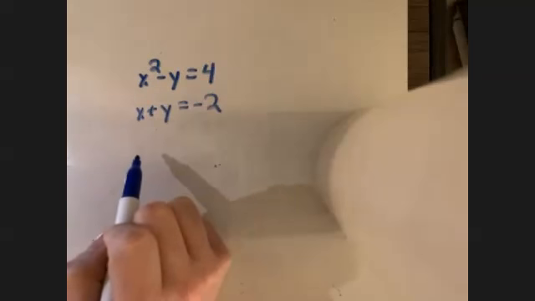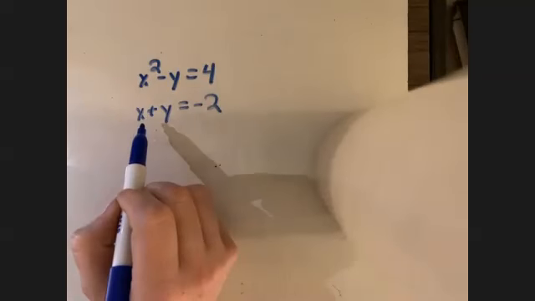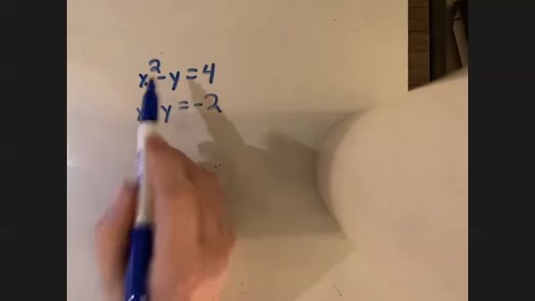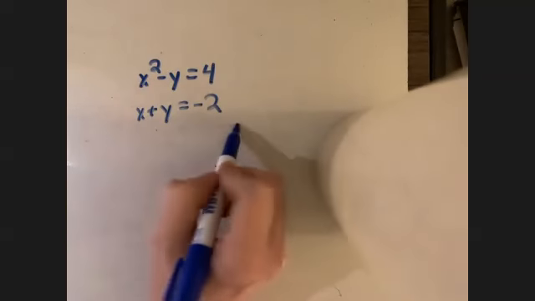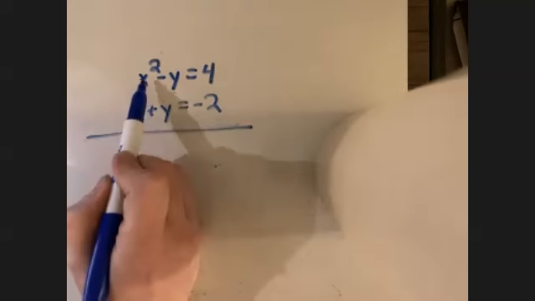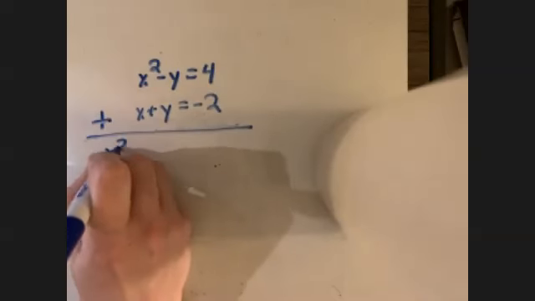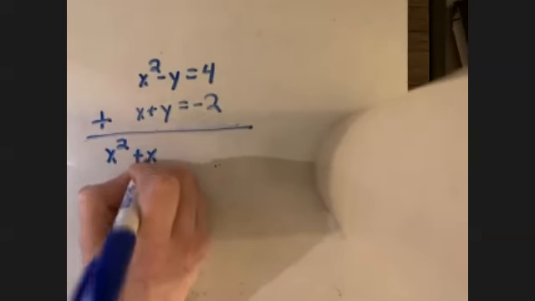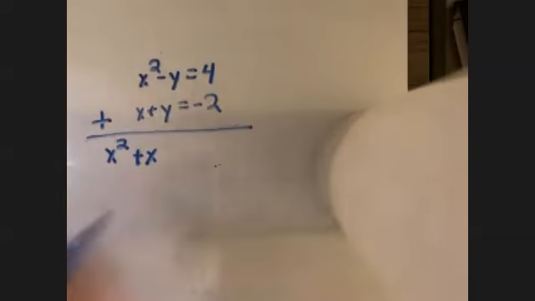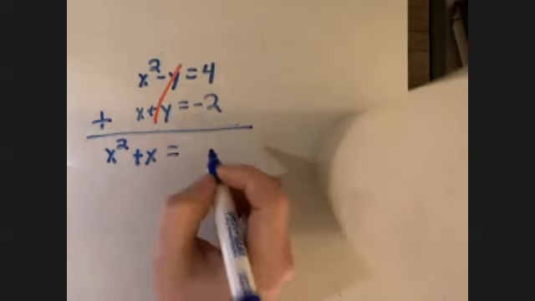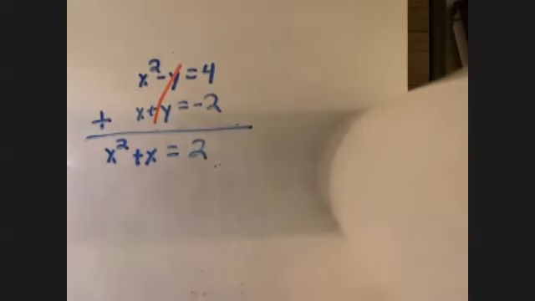Now, with the way that this system is set up, it works well with elimination, because if I add these two together, I can't combine x squared plus x into a single term, but the y's will go away, equals 2.